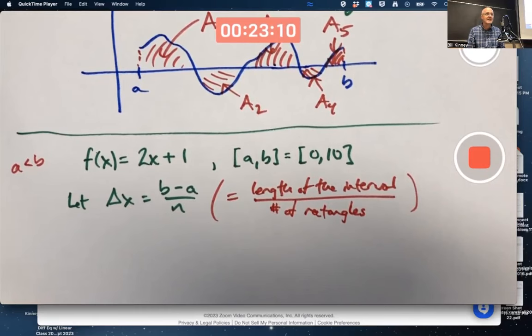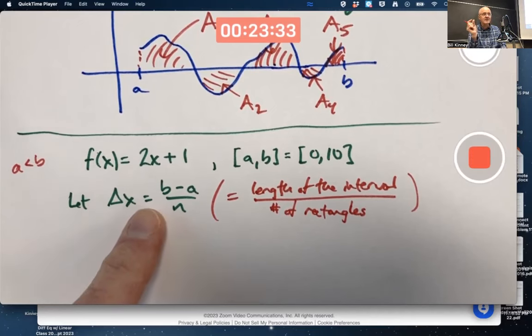You could also say it's the number of subintervals of the bigger interval. You got this big interval from a to b, 0 to 10 here. I'm trying to break it up into a bunch of pieces, maybe 10 pieces, maybe 100 pieces, maybe 1,000. All of the same length, just to keep things simple.